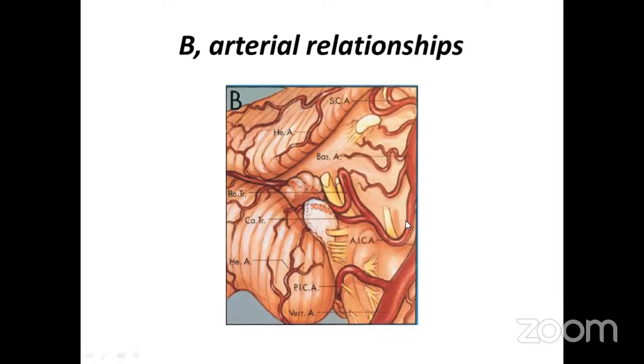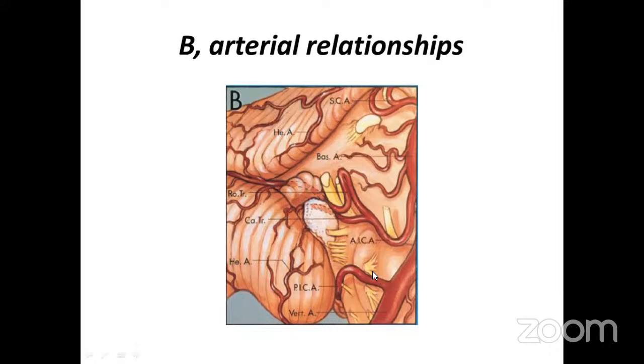The ICA makes two loops, one below the abducens nerve and one overlying the vestibulocochlear complex. And now we see the PICA as well. The PICA arises from the vertebral artery and also makes a loop, but the loop of PICA is not as sharp as the loops of these two arteries.